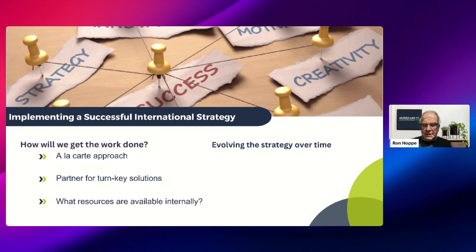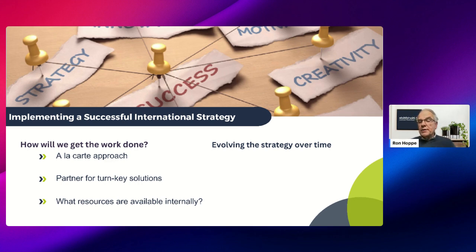But in the spirit of putting all the options on the table, one way of implementing a successful international recruitment strategy is an a la carte approach. And by a la carte, I mean addressing each of these component parts that we've been speaking about individually. The first of those would be candidate sourcing, screening, and the interview process.